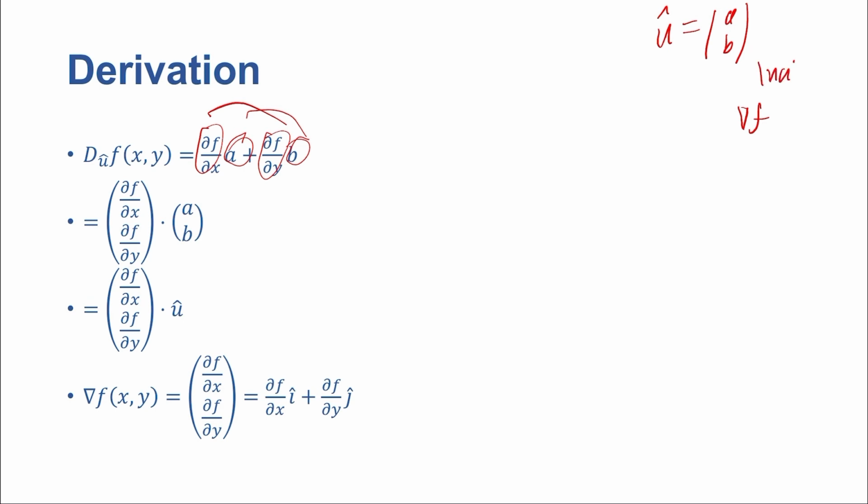You can also write it as grad of f, or grad of little f. But anyways, it's the same thing. You can also write it in component form, such as partial f partial x i hat plus partial f partial y j hat.